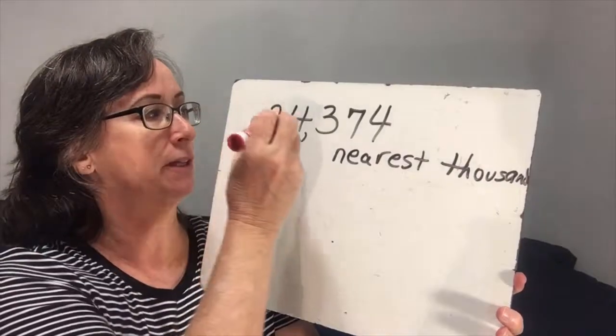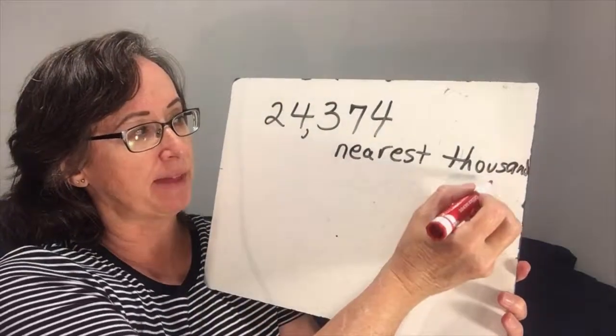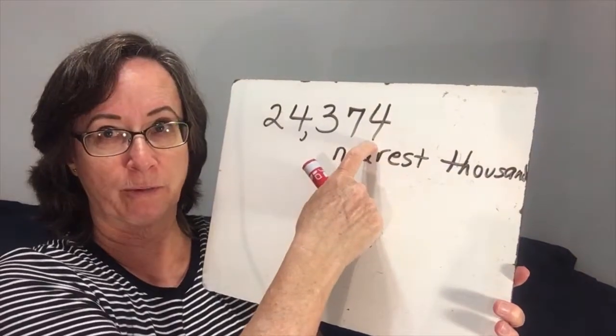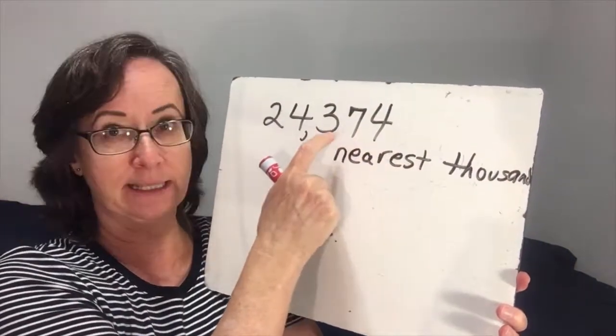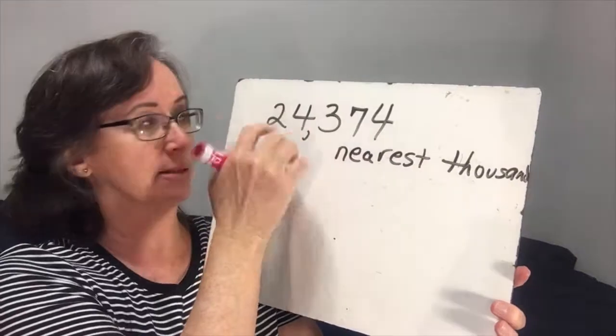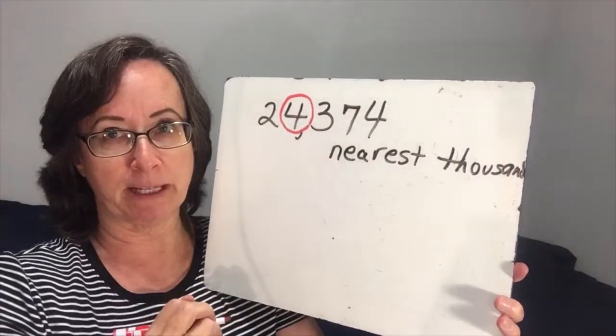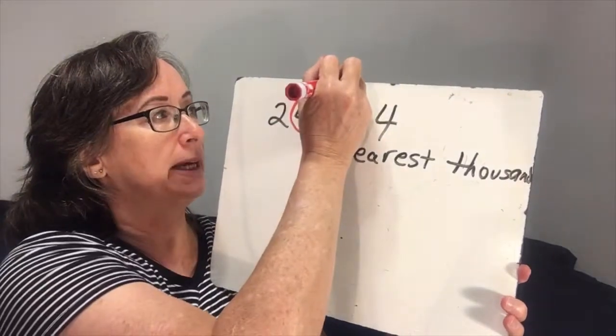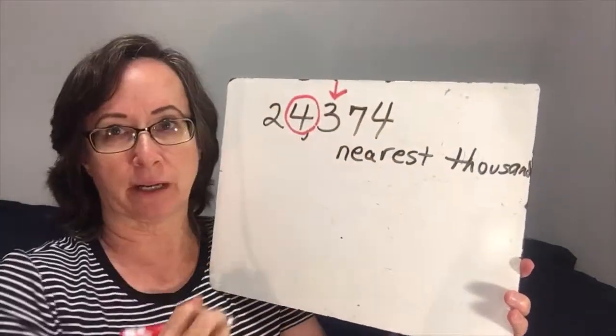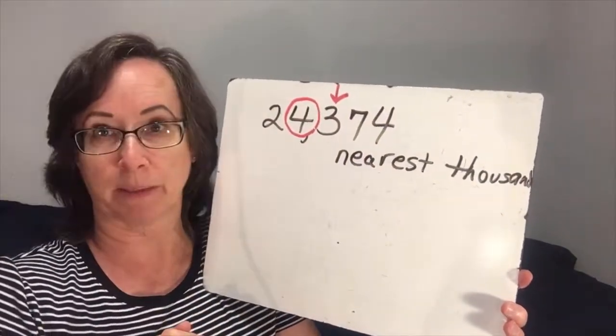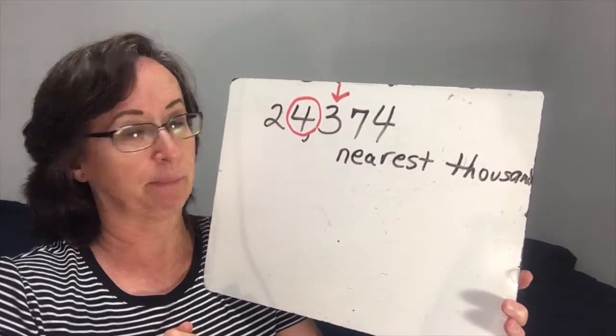And nearest thousand, remember, is units or ones, tens, hundreds, thousands. So I'm going to circle the thousands place. There's my circle. And then I put an arrow on the after number. The number right after that circle place is my arrow spot.